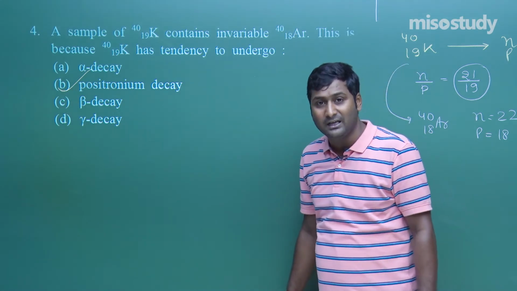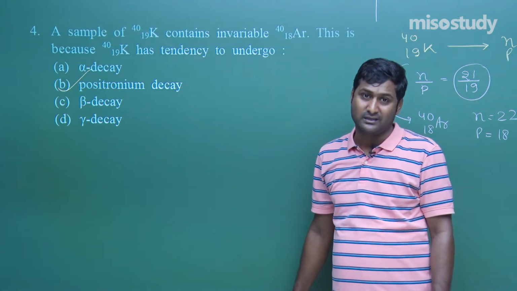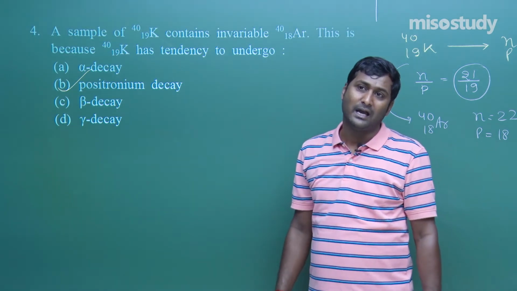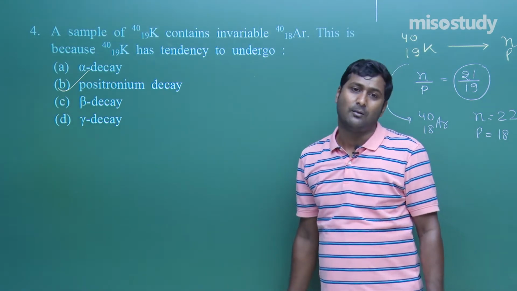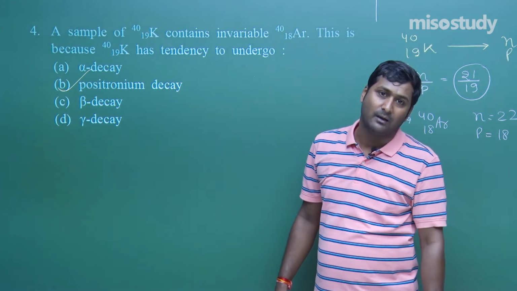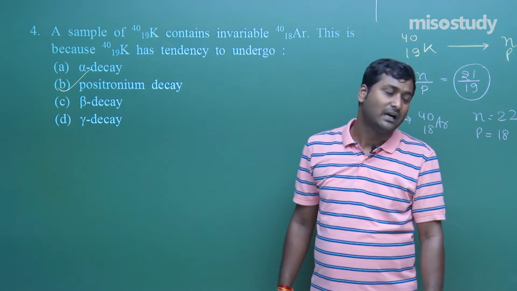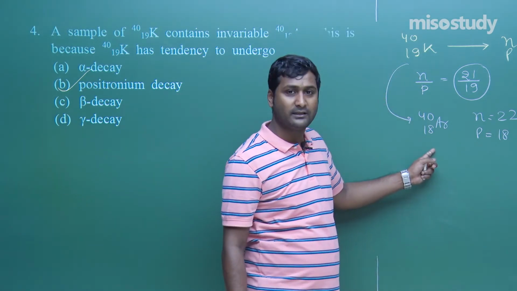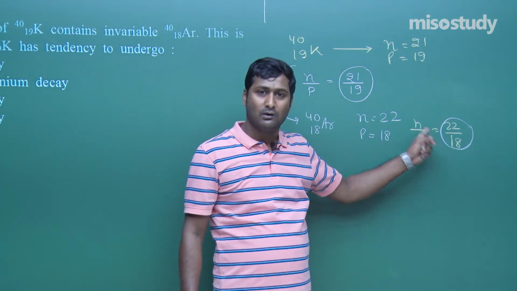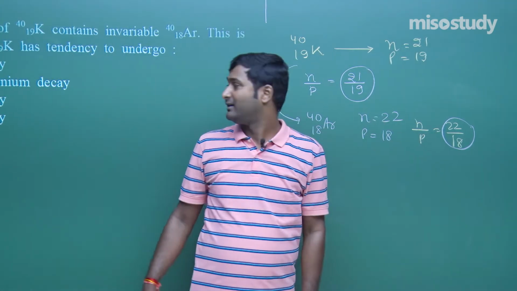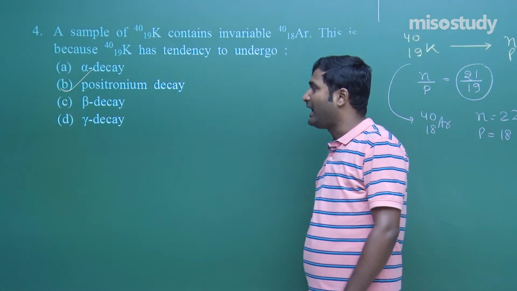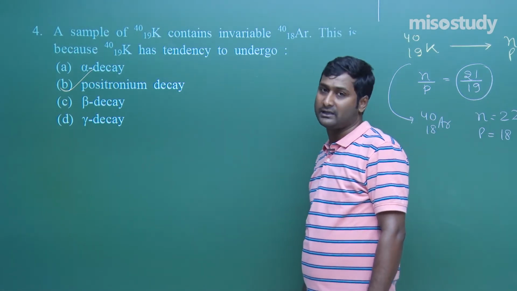And alpha decay? In natural processes, when the N by P ratio is lower and we have to increase its value, positron emission takes place. If you have any doubt, you can easily ask me. Look here: N by P ratio from lower to higher is positron emission. So in this case, question number 4 has option B, which is correct.